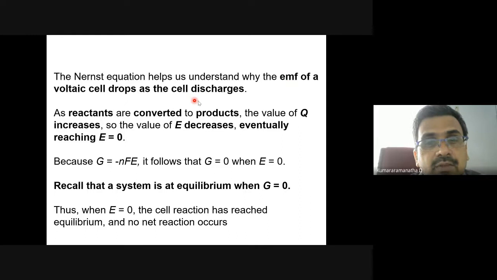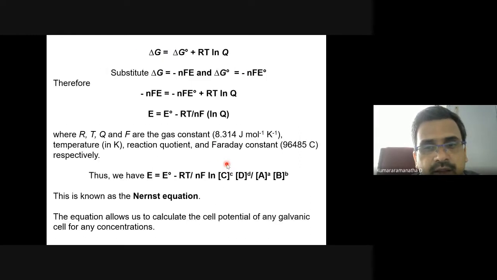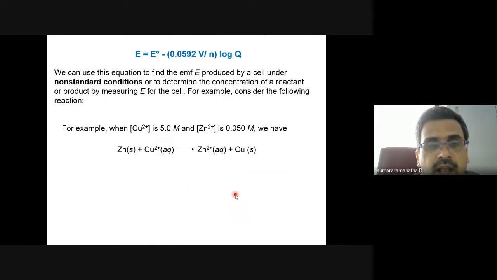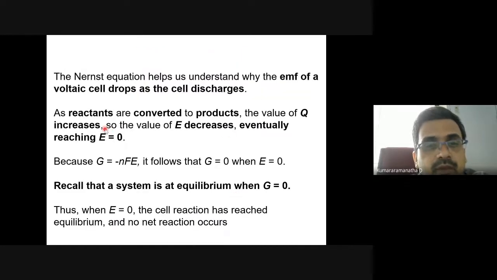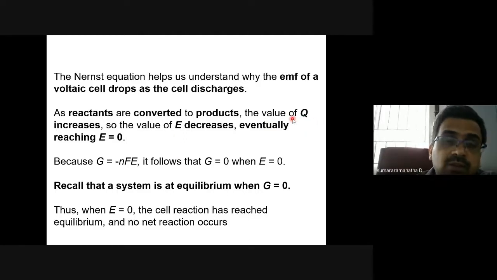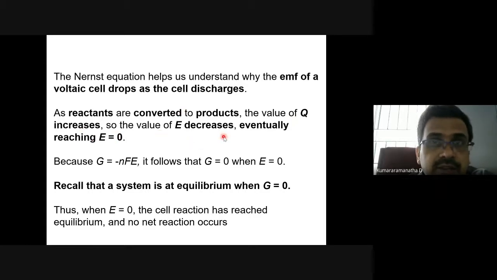So that is the reason why it discharges, because you can see here, as this part reduces, the overall factor also will be reduced, and as the reactants are converted into products, the reaction coefficient increases, and then the value of E decreases.